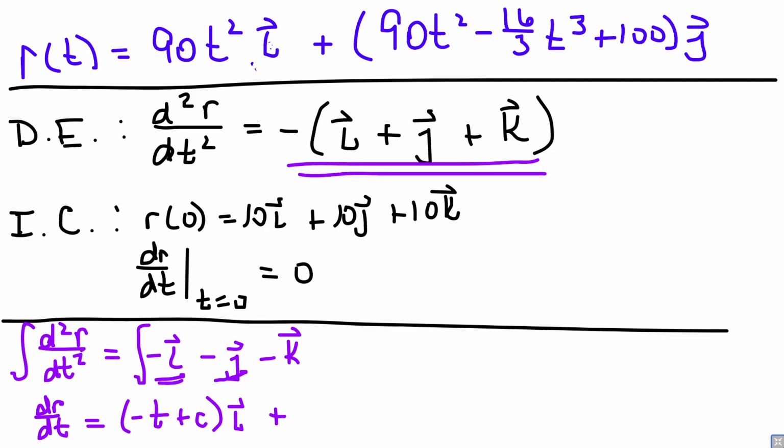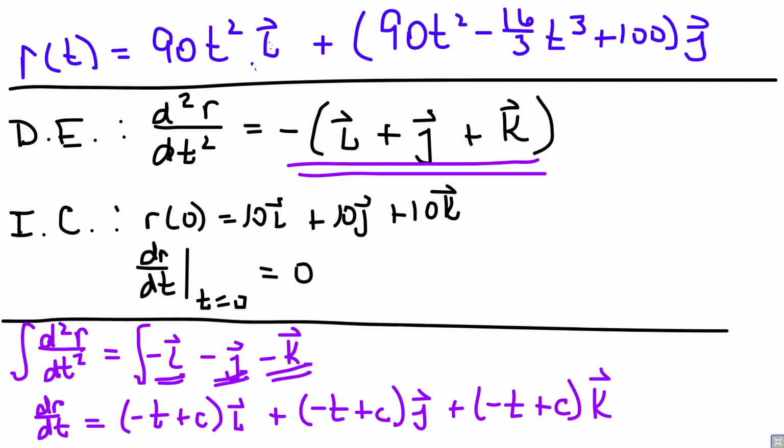Plus, if we take the antiderivative of the second term, it's basically the same. So it's going to be negative t plus c in the j direction. And then the same thing is going to happen for the last term. It's going to be plus negative t plus c in the k direction. Any questions there?